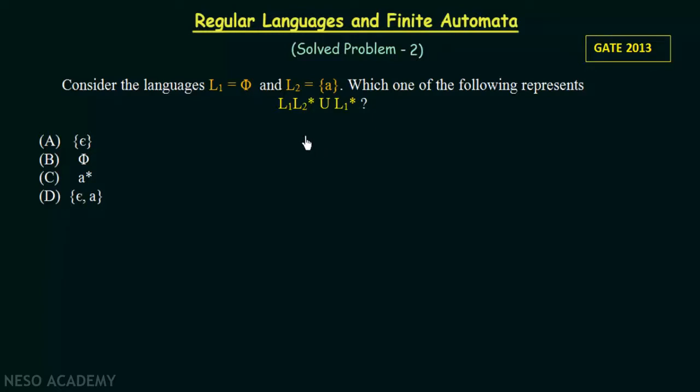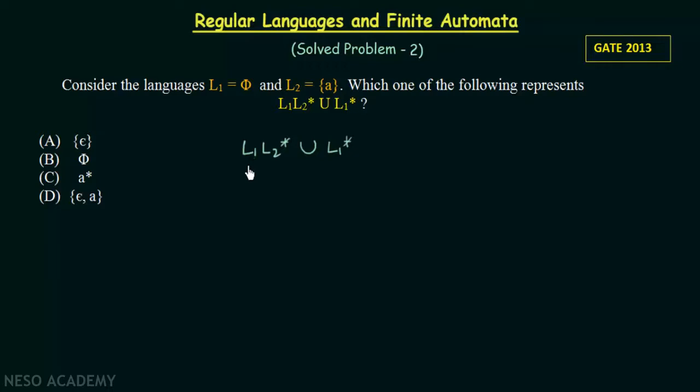In order to do this, we need to recall the identities that we have studied in regular expressions. First, let me write it down: L1, L2 star, union, L1 star. To solve this, first let us solve the first part and then the second part.